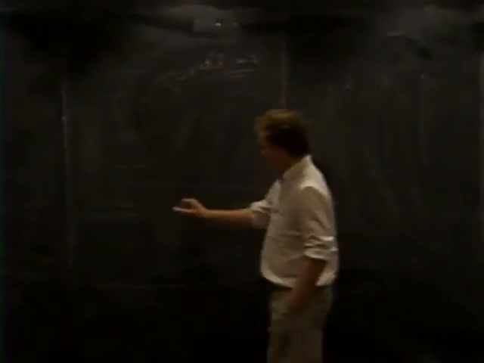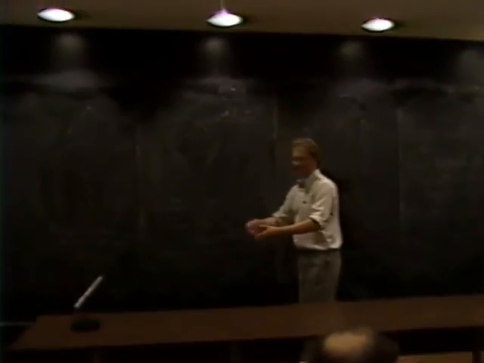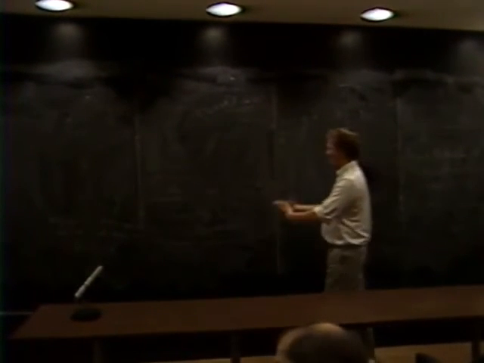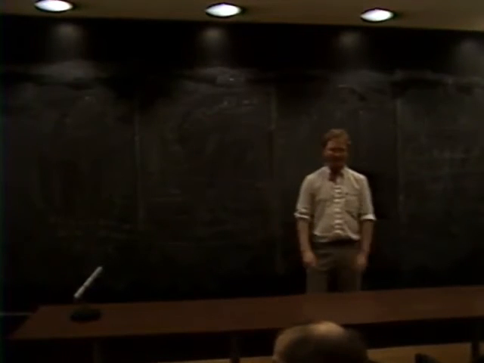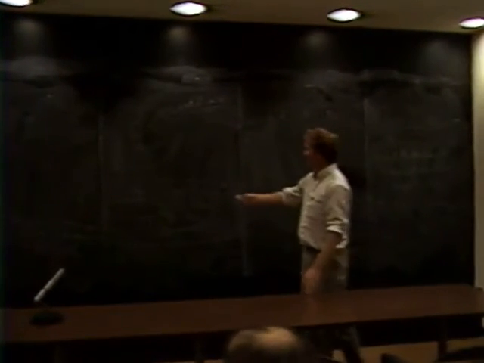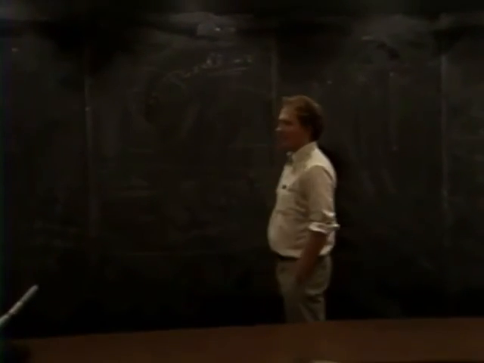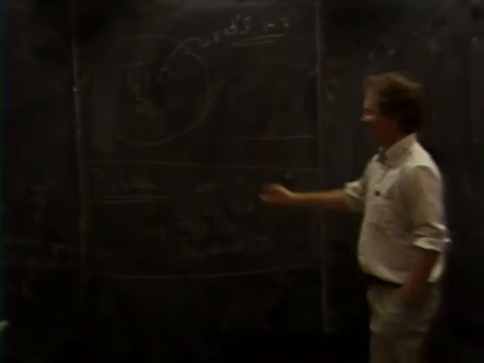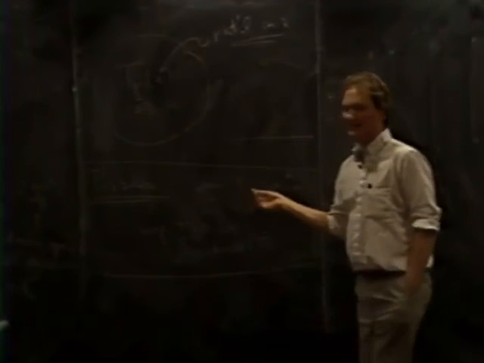Is there any set of 4 points? Oh yeah, sure. You can easily write down open sets of 4 points that you can handle. But the question is to cover the whole set of configurations of 4 points. Let me give you an example.